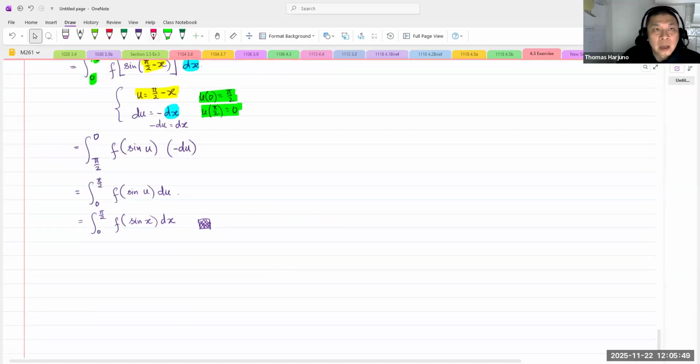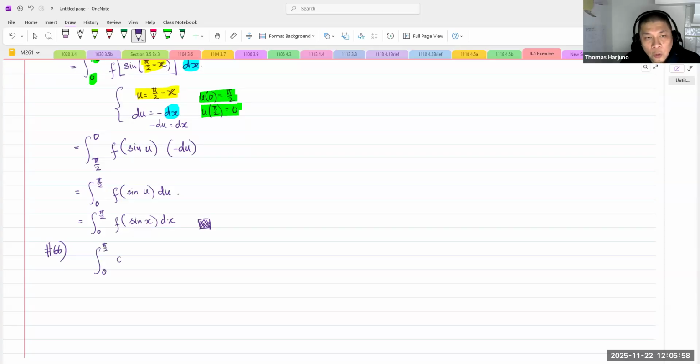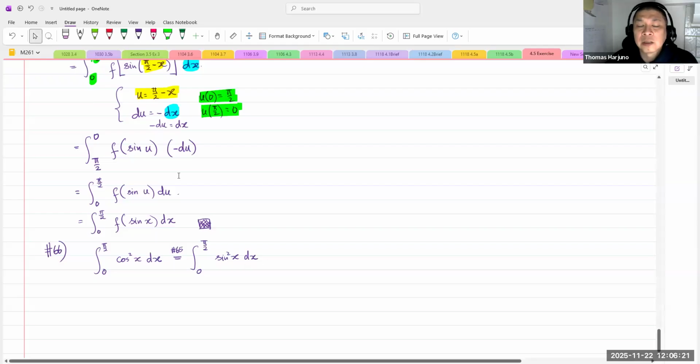Okay, now in number 66, we have the integral from 0 to pi over 2 of cosine squared x. That's a function of cosine x, right? According to number 65, because the interval of integration is from 0 to pi over 2, I can replace that cosine squared x by sine squared x. Now, if you don't understand this number 66, don't feel bad.